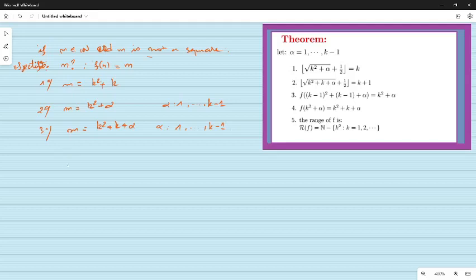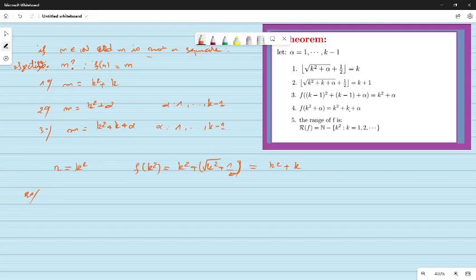In the first case, n equals k square, because we have f of k square equals k square plus the square root of k square plus 1/2, and this is equal to, I write here, k square plus k.